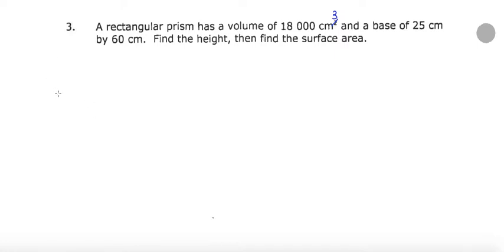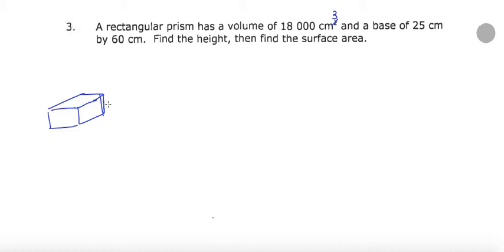So we're going to start by sketching a rectangular prism. It does not have to be perfect. So I'm going to try that again though. All right, something like that.